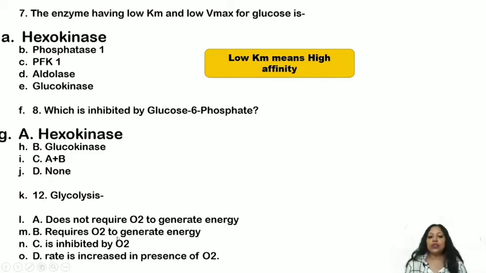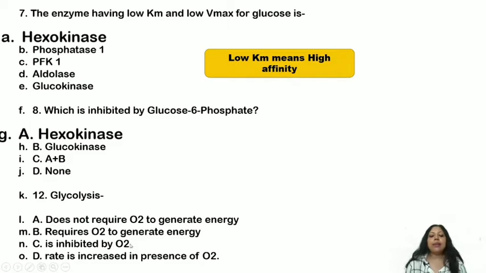Requires oxygen to generate energy. Yes, but not 100%, because NADHs which are generated in glycolysis have to donate their electrons in the oxidative phosphorylation. Okay, but 2 ATPs are directly generated in glycolysis in anaerobic conditions.